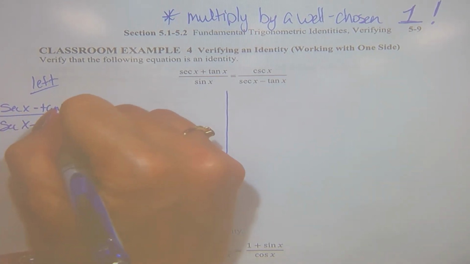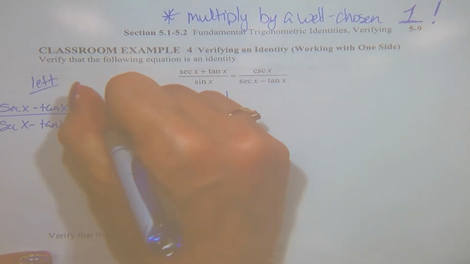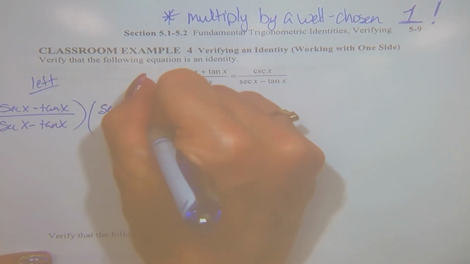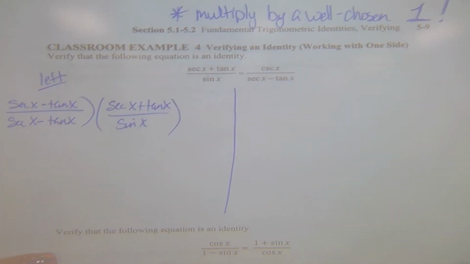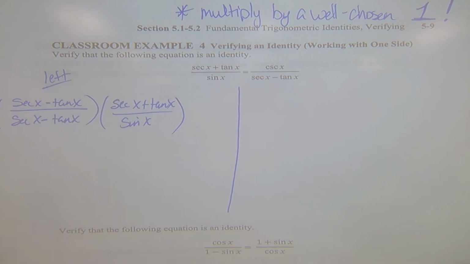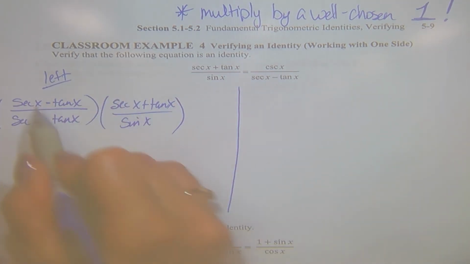I chose that because it is the conjugate of secant x plus tangent x. I am multiplying by a well-chosen 1. I can multiply anything by 1. It doesn't change the value, but it does let me get to this difference of squares in my numerator.